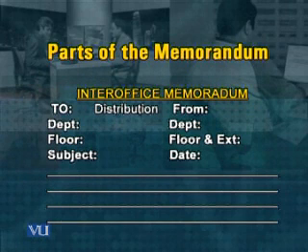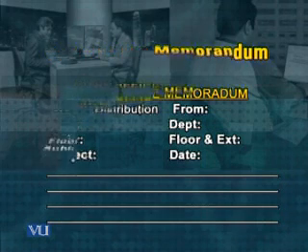So the word department is written under "To", and the word department is written under "From". Sometimes we also include the floor number, the telephone number, and the extension number. So these can be set into this heading area of a memo.